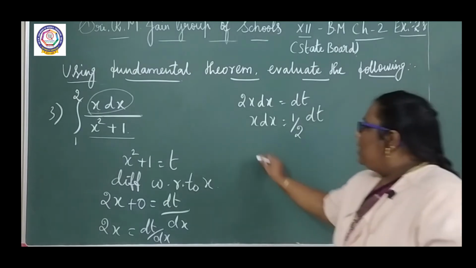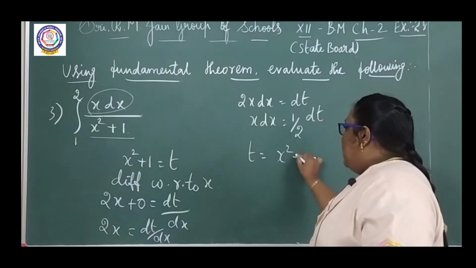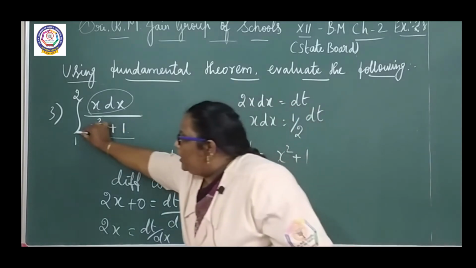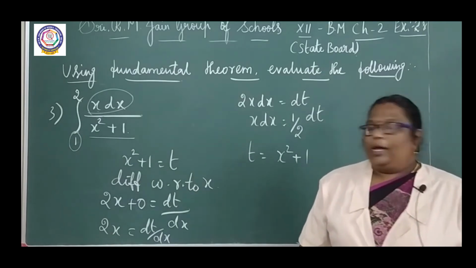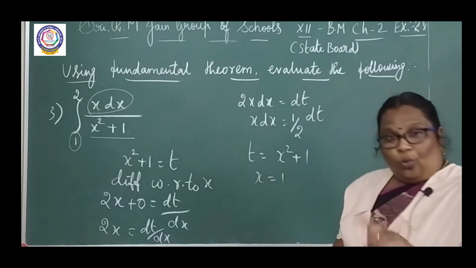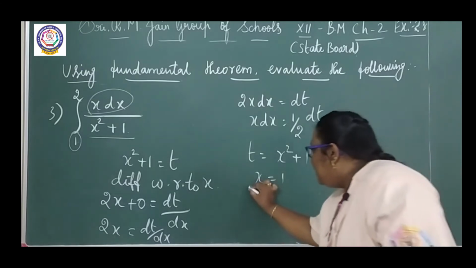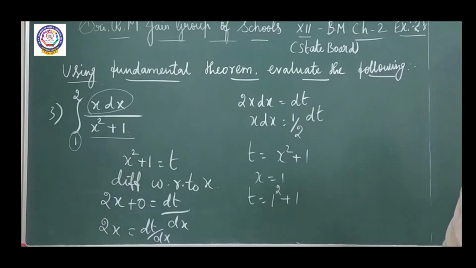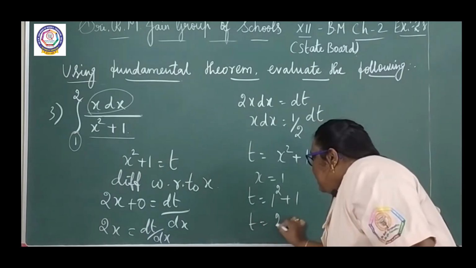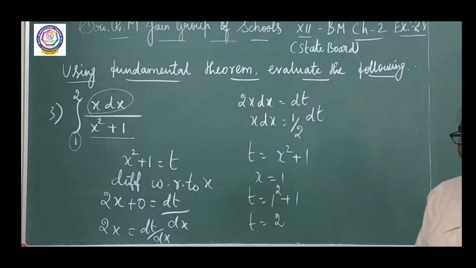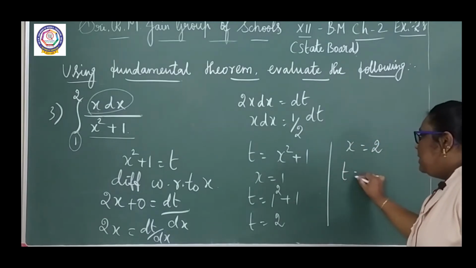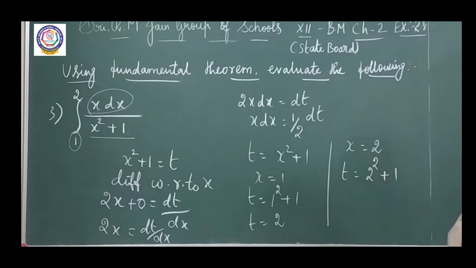See here, I have taken t equal to x square plus 1. What is the lower limit for x? 1. If x equal to 1, what is the limit for t? t equal to 1 square plus 1, t equal to 2. In the same way, x equal to 2, t equal to 2 square plus 1.